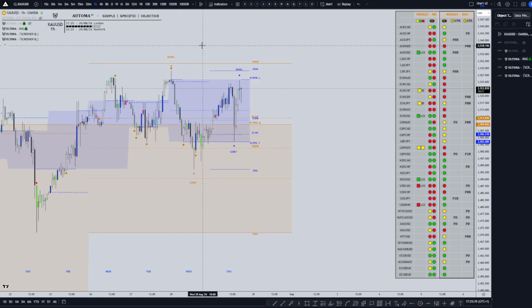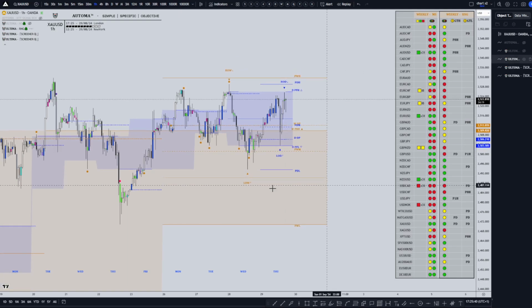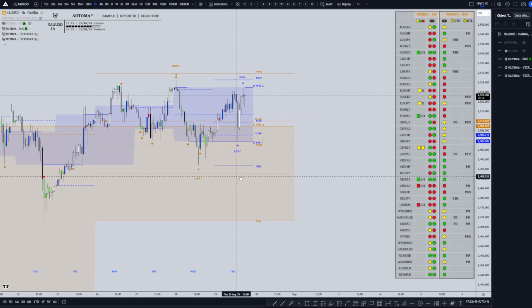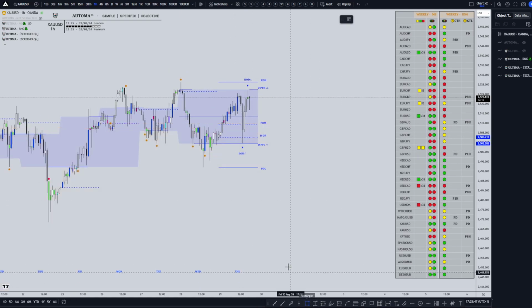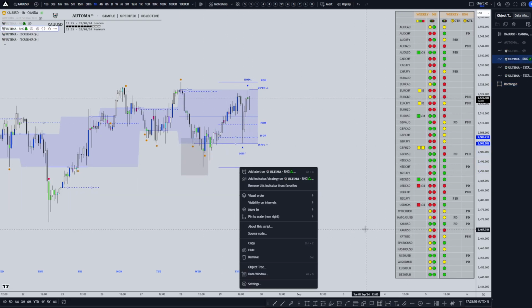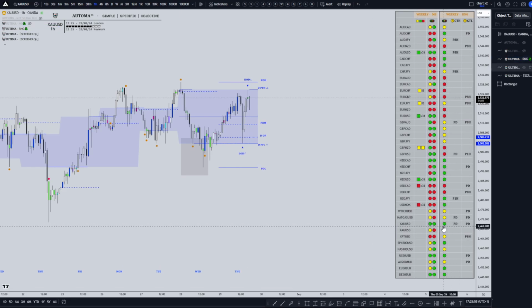So weekly golden templates will come from where? When we have a low of the week with daily's manipulation, right? So basically we show yesterday, this is gold, so on gold it will show, yeah, like here. You can see on gold it shows the weekly's golden template was established yesterday. Both the weekly's golden template high and weekly's golden template low.